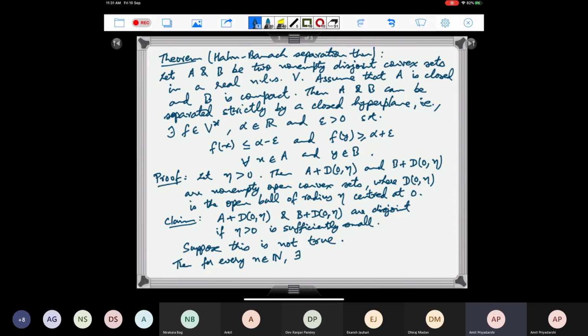Let's call that Zn belonging to A plus D0 1 by n intersection B plus D0 1 by n.